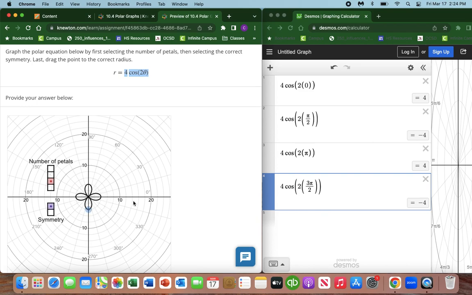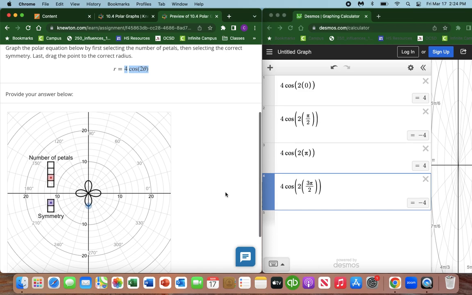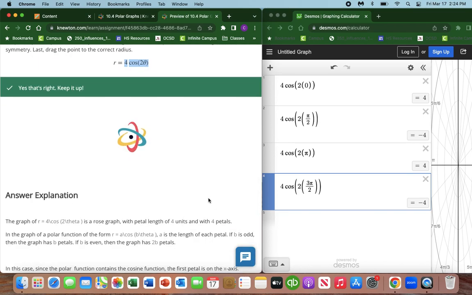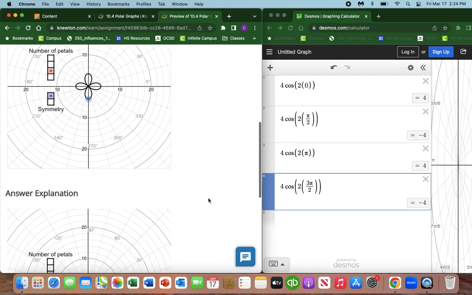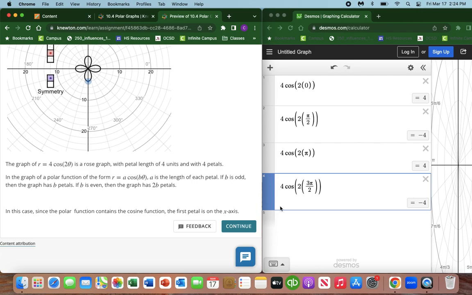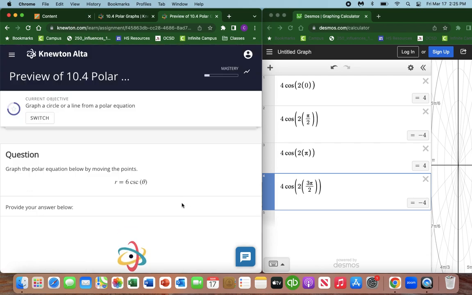So this should be my rose petal this time. And I can tell because pi over 2 here is giving me -4. Pi is giving me 4. So I'm getting all these points for my petals. Like I said at the beginning, if you're doing this by hand, you would plug in a lot more points than this. You would use every coordinate on the unit circle.